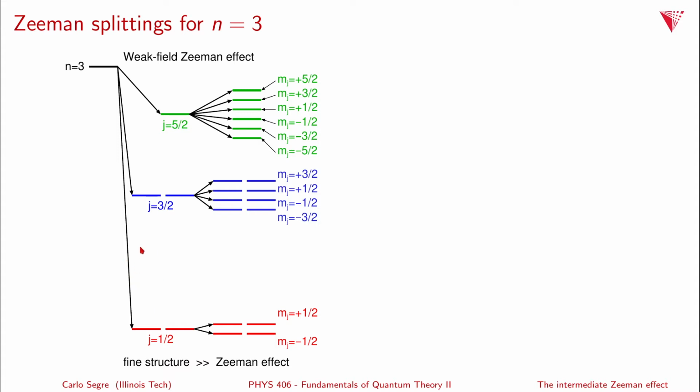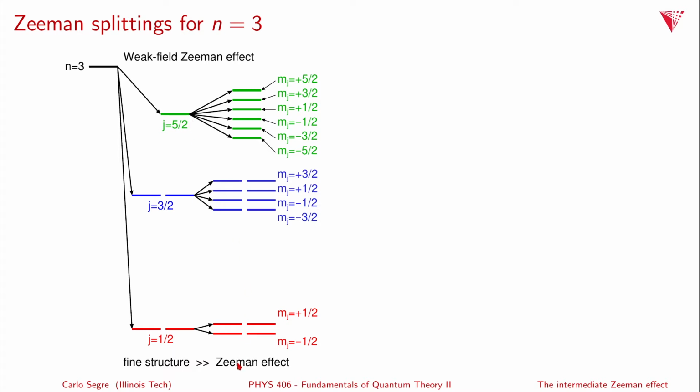So, when you apply the fine structure and change the spin-orbit coupled states, you get a splitting of the degeneracy so that now you have 2 j equals 1/2 states down here, you have 4 j equals 3/2 states here, and 6 j equals 5/2 states here.